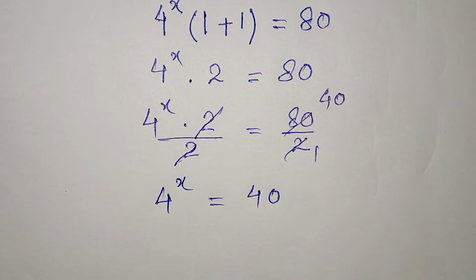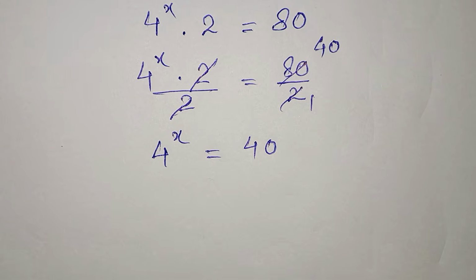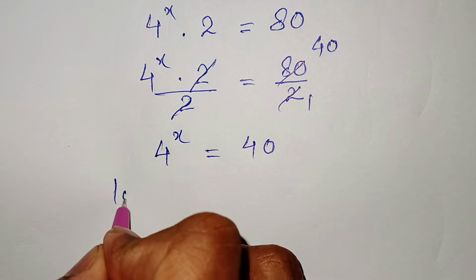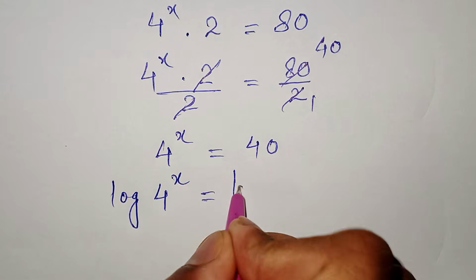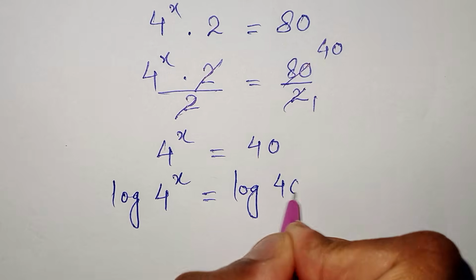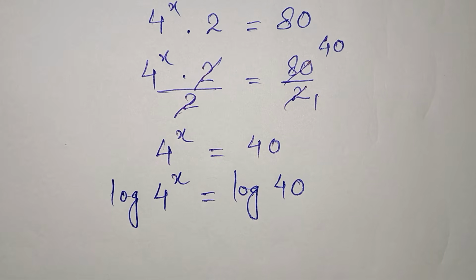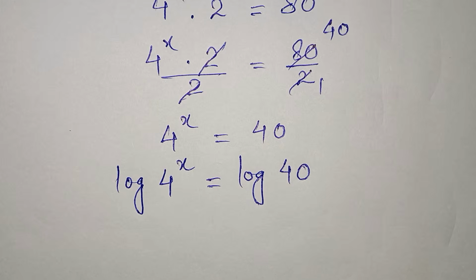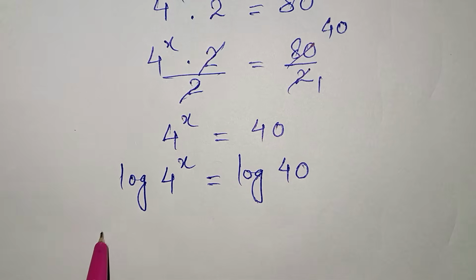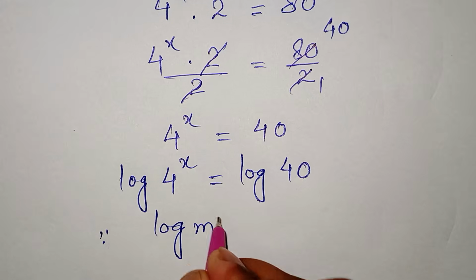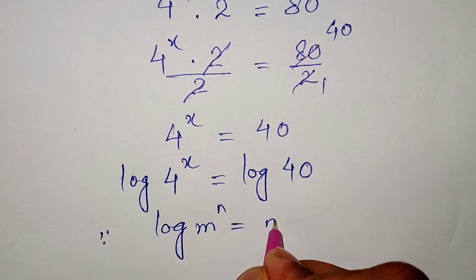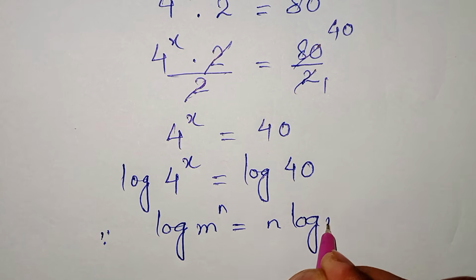Take the logarithm on both sides of the equation to find the value of x. Log of 4 power x equals log of 40. Now we will use the power rule of log on the left side, which is log of m raised to the power n always equals n times log of m.